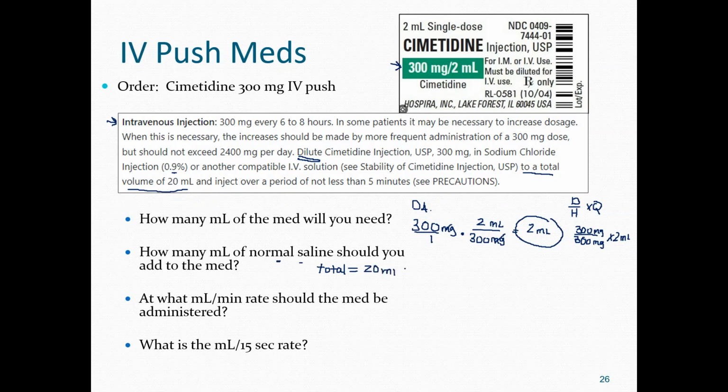In my syringe. In the first part of this problem, I already calculated that I need 2 milliliters of the medication. So I'm going to take 20 and subtract 2, and that gives me 18 milliliters of normal saline.